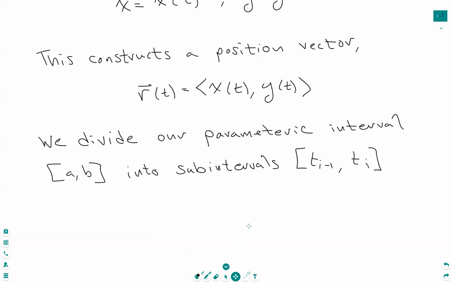So this translates to using really small arc lengths of the curve that we're going to try to approximate with these straight lines in each of these subintervals.